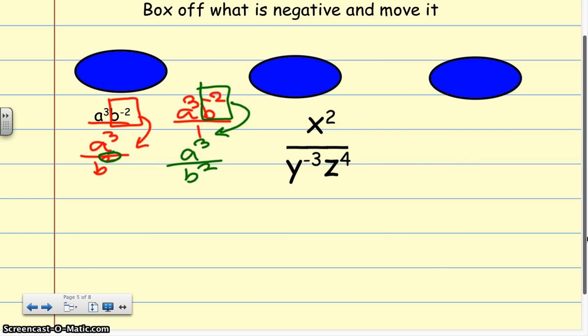What has a negative exponent, class? y does. That's what I'm boxing off. That's the only thing that's going to move. Since y is on the bottom, where am I going to move it to? To the top. Once I move it to the top, the exponent turns positive. So I get x squared y cubed all over z to the 4th. That's the answer.